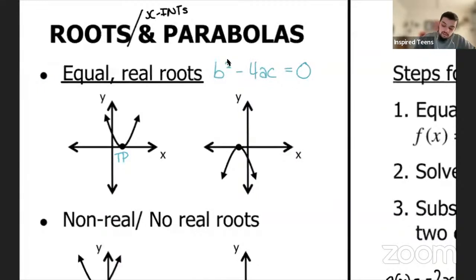This a, b and c come from the quadratic equation of the parabola function. The standard form is ax squared plus bx plus c. When you sub a, b and c in here, it should give you 0 if they are equal real roots, meaning if the turning point is on the x-intercept, that's when b squared minus 4ac will definitely give you 0.